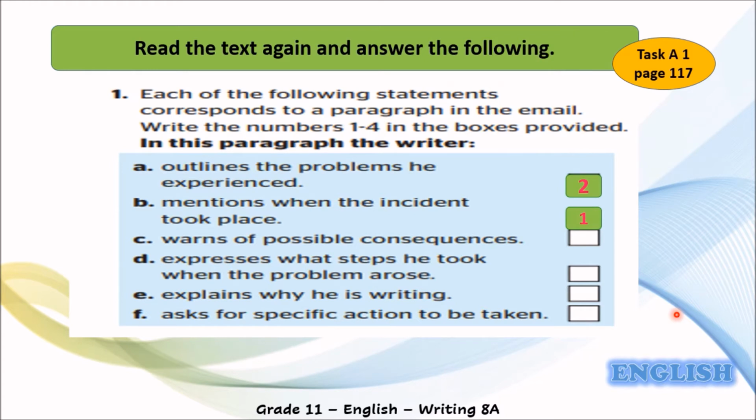C. Warns of possible consequences. Yeah, that was at the end in paragraph 4. And D. Expresses what steps he took when the problem arose. That was mentioned in paragraph? Yes, paragraph 3.